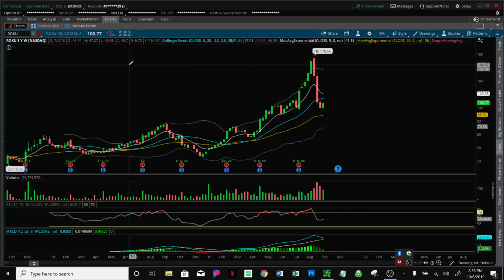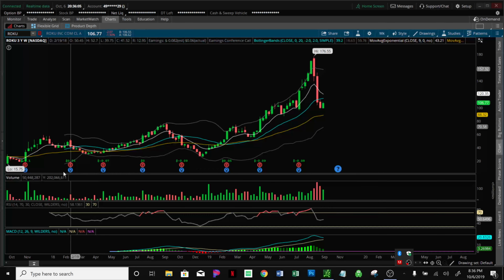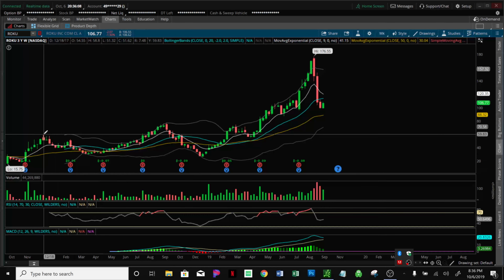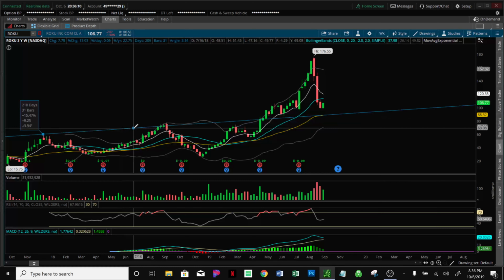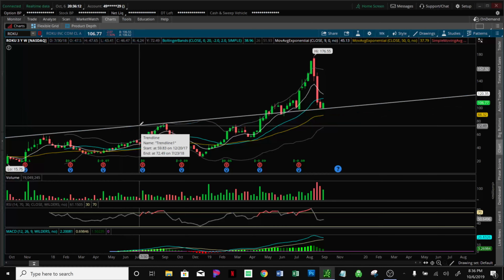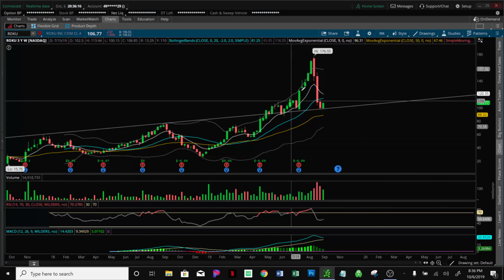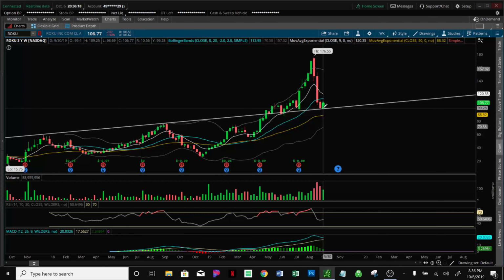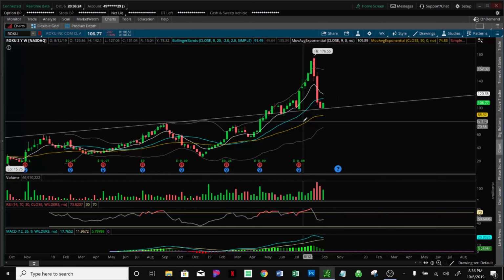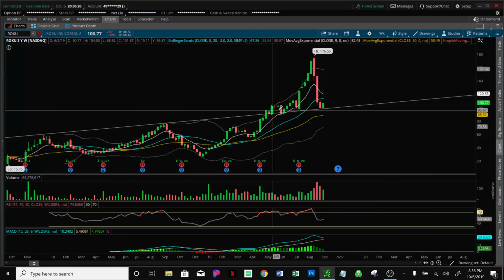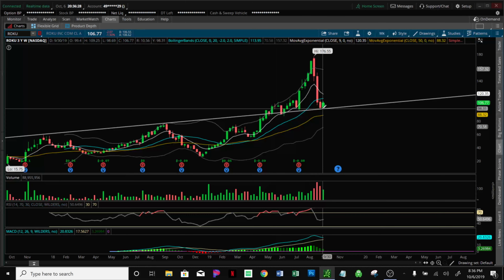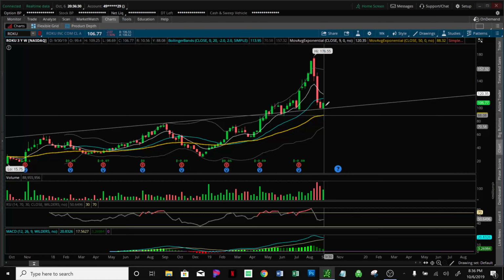So, for instance, on a weekly chart here, I pull a trend line, and as you can see, it looks like there's a strong pivot off of here. Now that doesn't mean it's going to continue up to 176 or anything like that, but this is a level to watch.